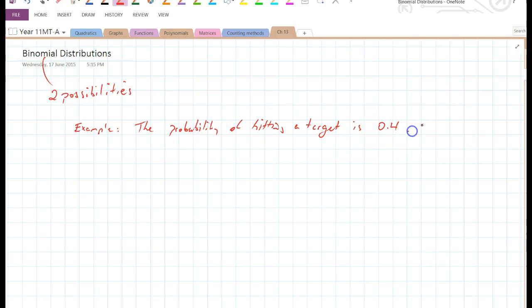All right, so find the probabilities, maybe I'll just start with 6 shots.